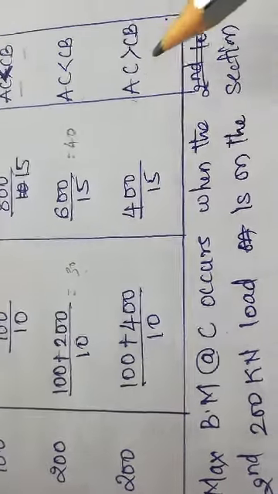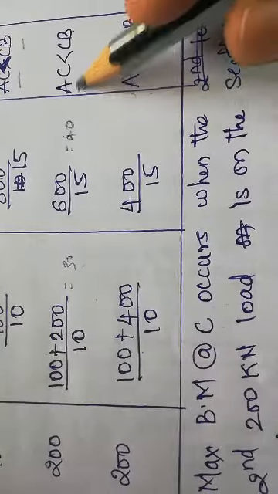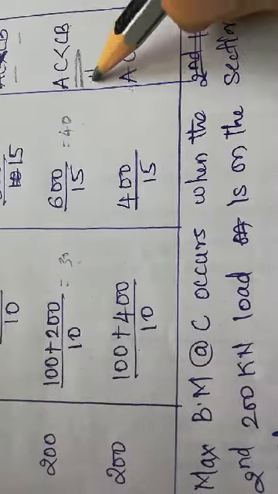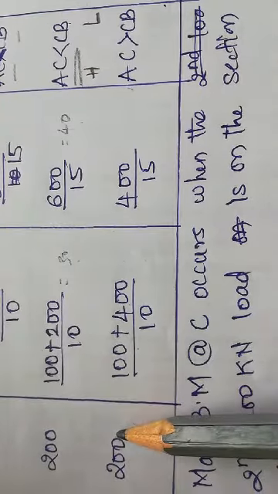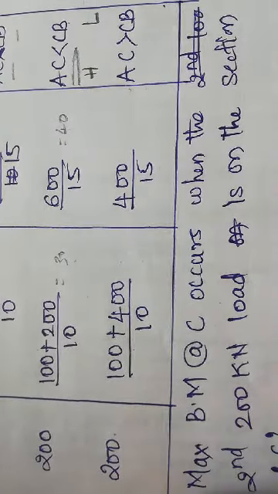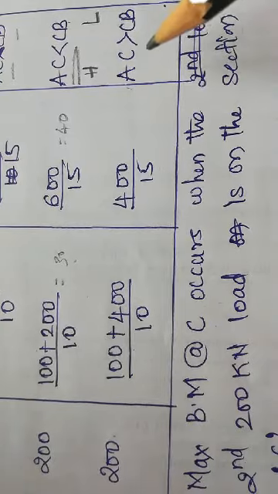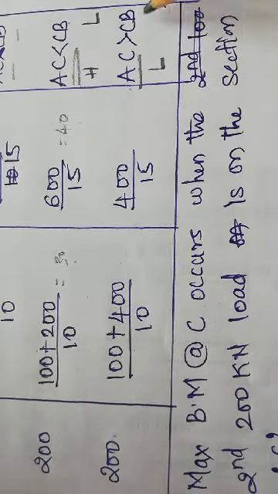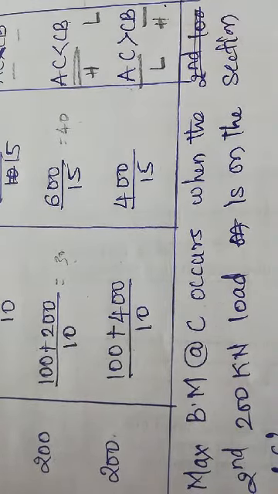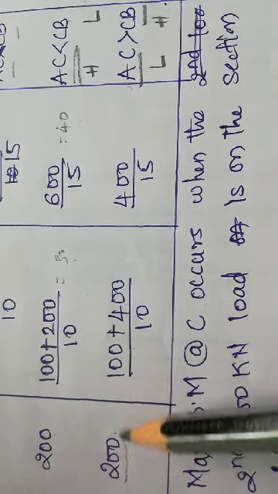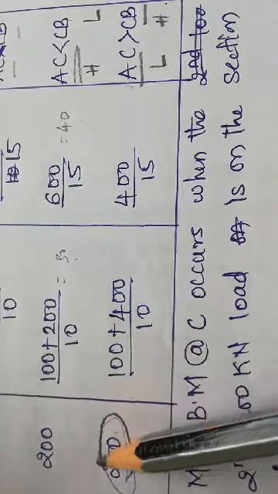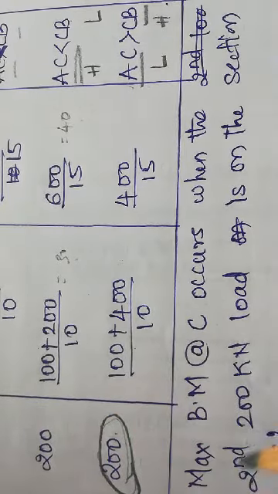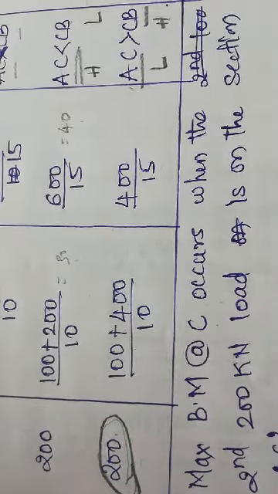Since AC was heavy and CB was light, now that the second 200 kilonewton has crossed C point, AC became the lighter section, and CB became the heavier section. So this is our point of concentration, or when this load passes C point, the maximum bending moment will occur.